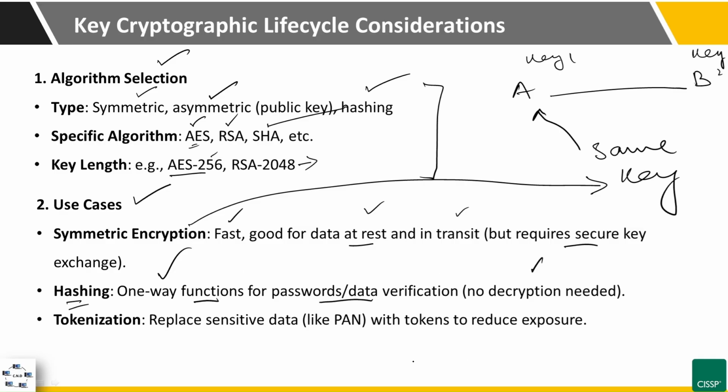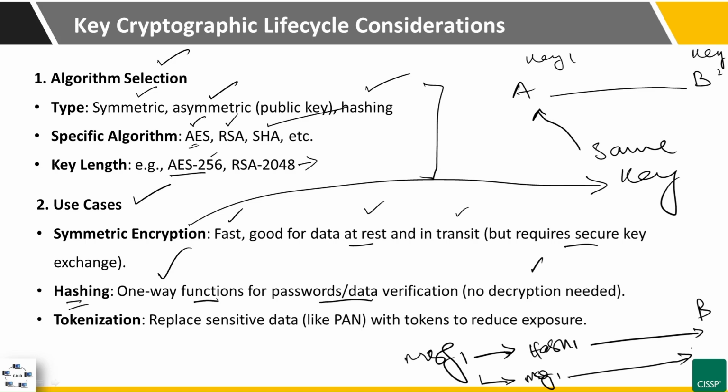For example, you are sending a message 1, you take a hash of this, let's suppose hash 1, and you send it to party B. You also send the message, in plaintext or encrypted, to party B. Party B then hashes the message again, let's suppose hash 2.